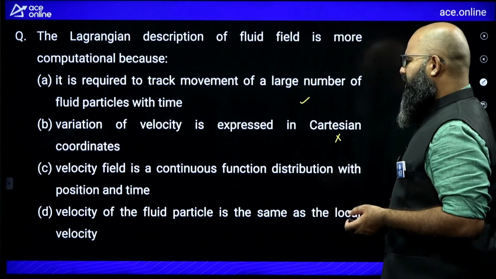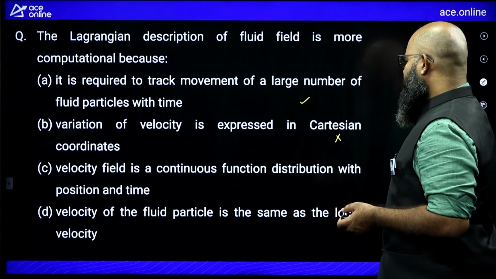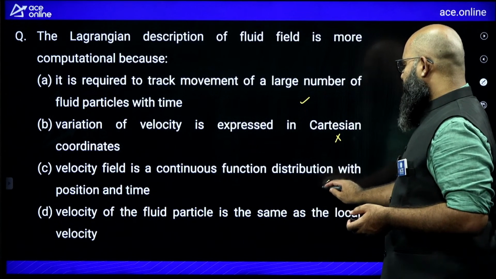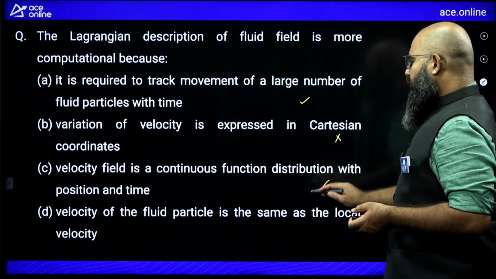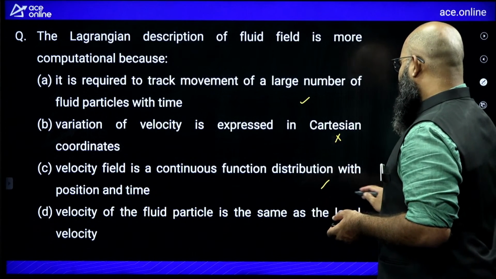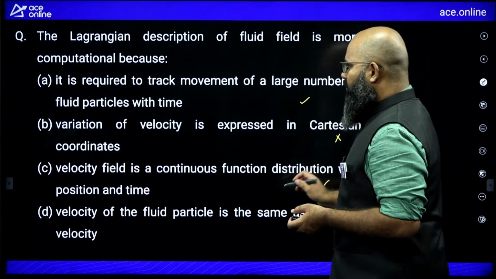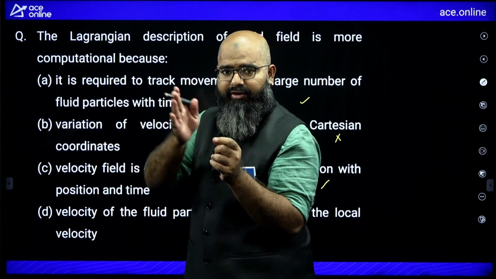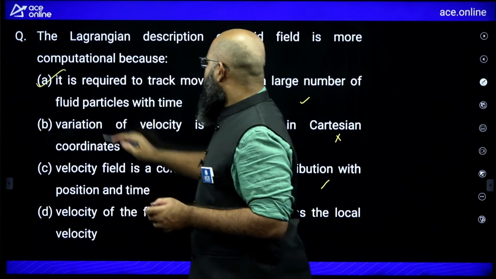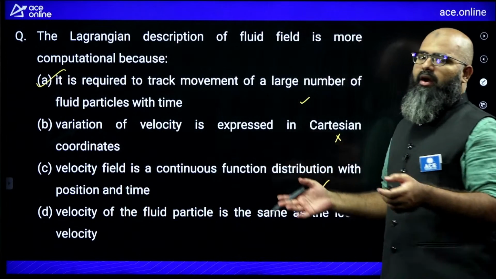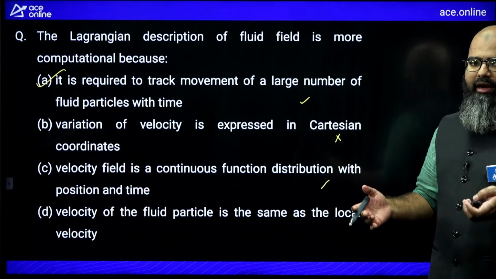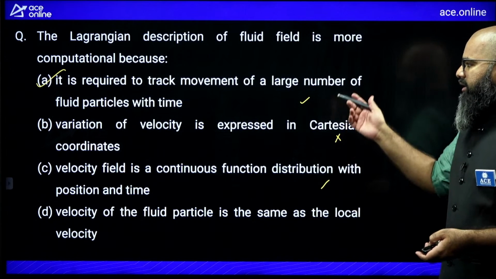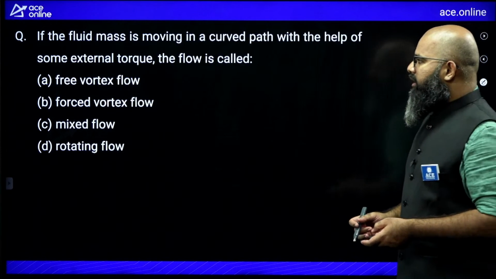This is not a criteria. Velocity field is continuous function distribution of position and time. Velocity of a fluid particle is the same as a local velocity. See, the reason over here is you are choosing a single particle and observing. You have to do this for every particle. So it is required to track movement of large number of fluid particles. Many particles will have to be tracked in order to understand the motion. That's why option A would be correct over here.